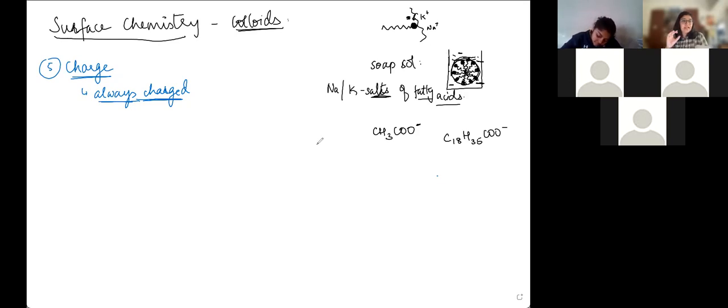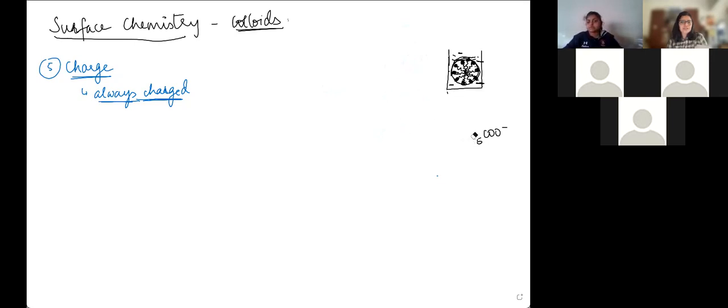That way, any colloid that you take, even milk, will have charged particles. The dispersed phase is always charged. So colloidal particles are always charged. If you have a doubt that everything should be neutral, where does the charge come from? It's like this.